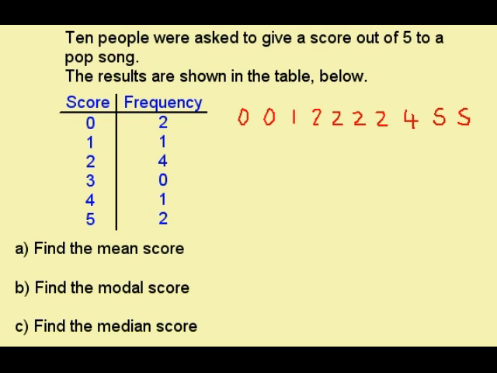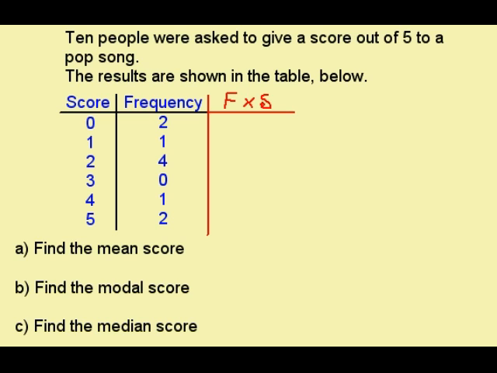For the quicker method, I need to start by putting an extra column on my table. I'm going to call this column frequency times score, F times S. Now I have two 0s, which is 0, one 1, which is 1, four 2s is 8, zero 3s is 0, one 4 is 4, two 5s is 10.